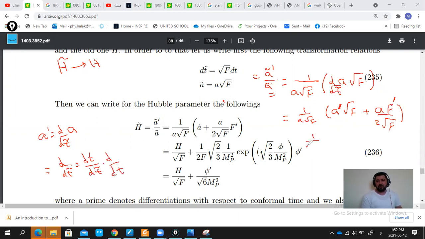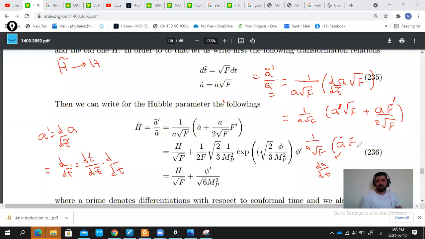Then here we'll have 1 over the square root of f times a dot, the derivative dA over dt. In addition, we have dt over dt tilde, which will be the square root of f. And you already have the square root of f, so now it seems like you have f.